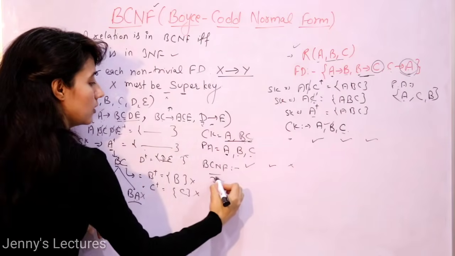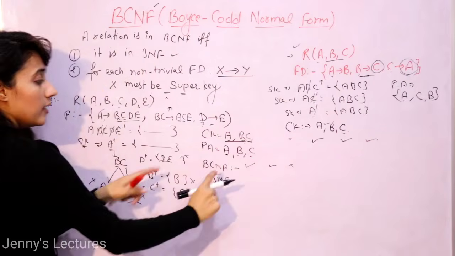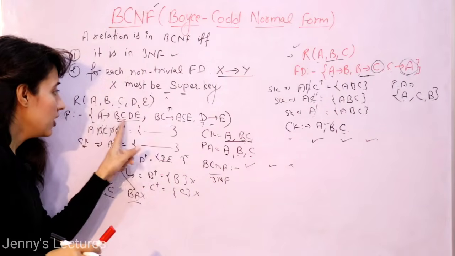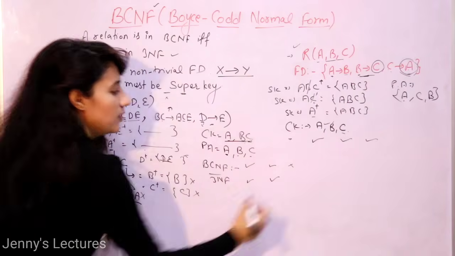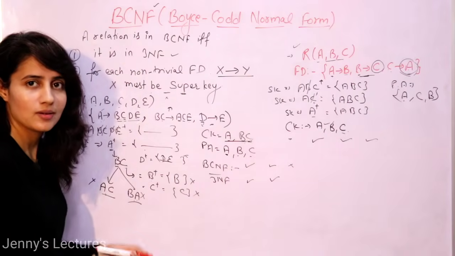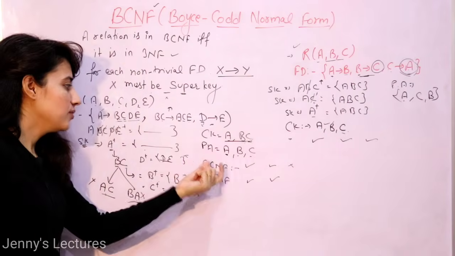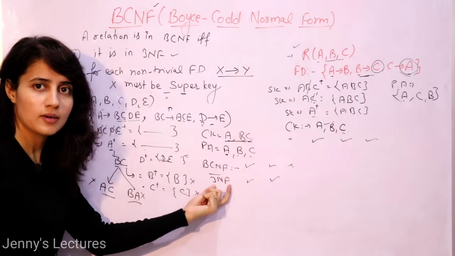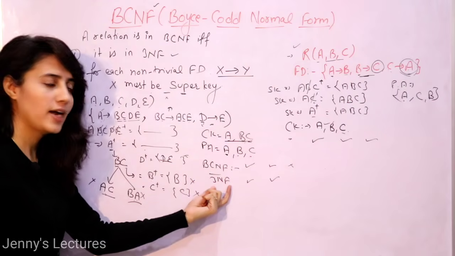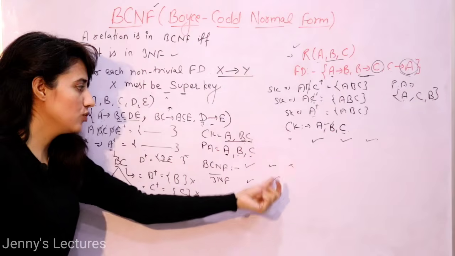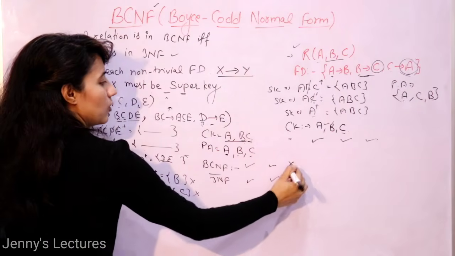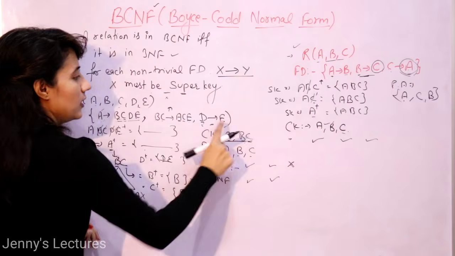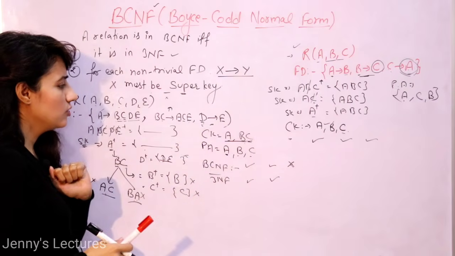Now find out third NF. See, if a functional dependency is satisfying the BCNF property, definitely it would be in third NF, and for third NF no need to check, right? Because for BCNF, that dependency should be in third NF. So that is for sure that these would satisfy third NF rules. You just need to check this one, D to E. Is this a transitive dependency or not?